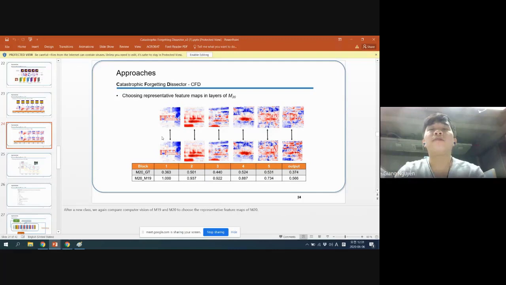Then, to choose a feature map on the later models, for example, M20, I compare the visualizations of M20 with the feature map that I picked on M19. Yeah, that's it.